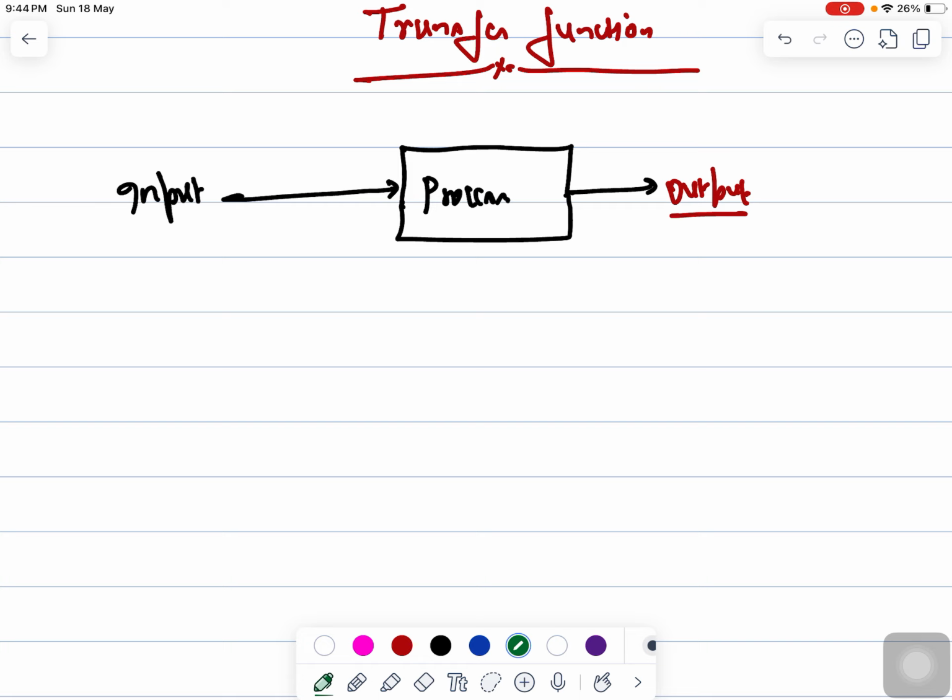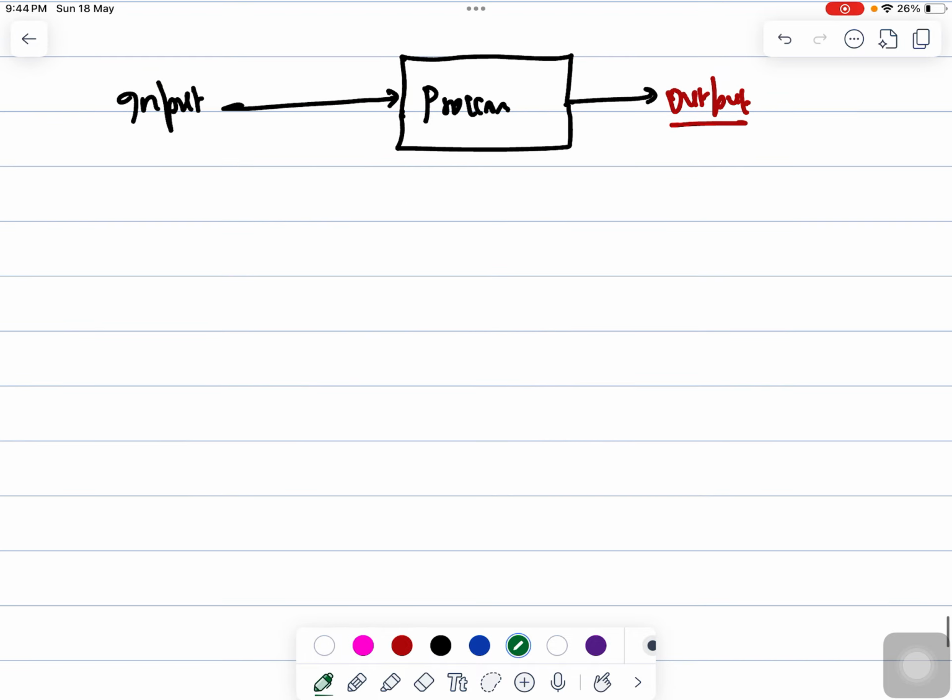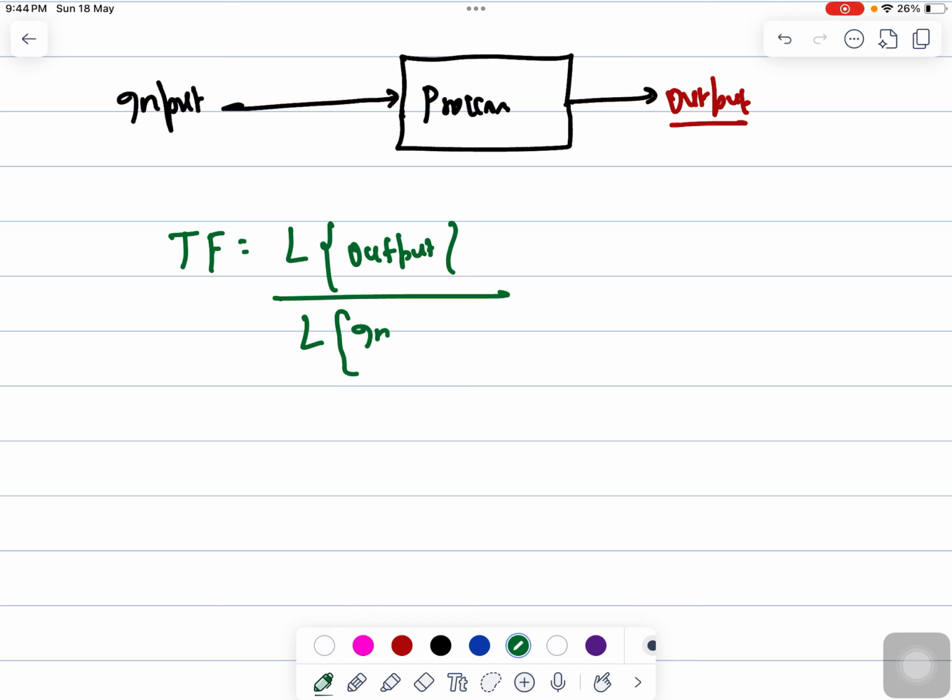We have input, the process will happen in some kind of system, and after that we will be getting output. So what is the Laplace transfer function? Transfer function is the Laplace transform of your output variable divided by the Laplace transform of your input variable.